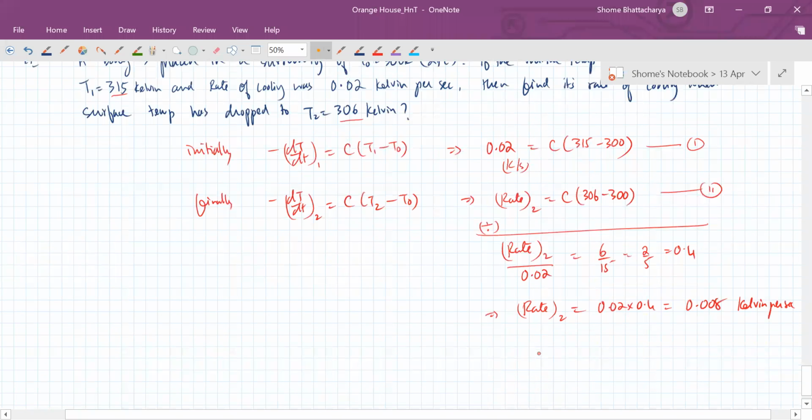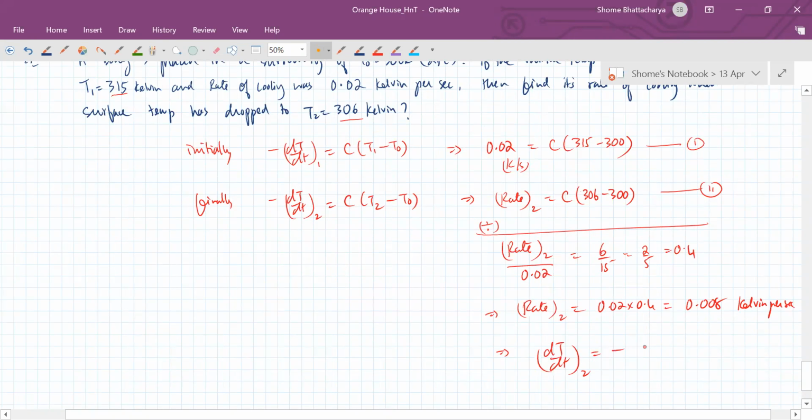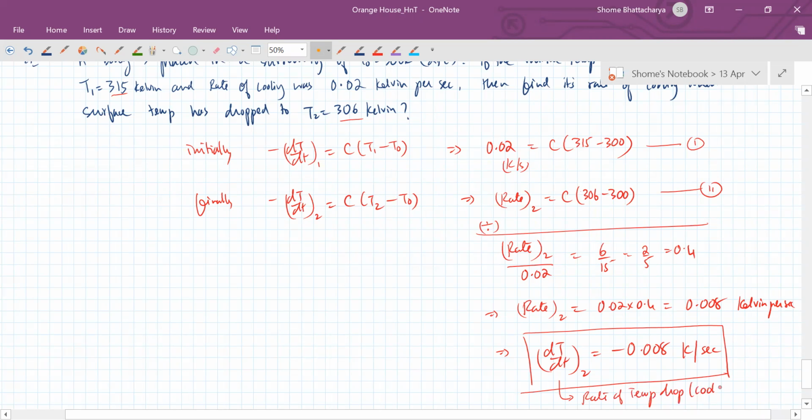So in the second case, the temperature is dropping at the rate of 0.008 Kelvin per second, negative because it's a rate of temperature drop, or what we call cooling, when T2 is equal to 306 Kelvin. When the surface temperature is 306. Okay, so hope the calculation is clear, everyone.